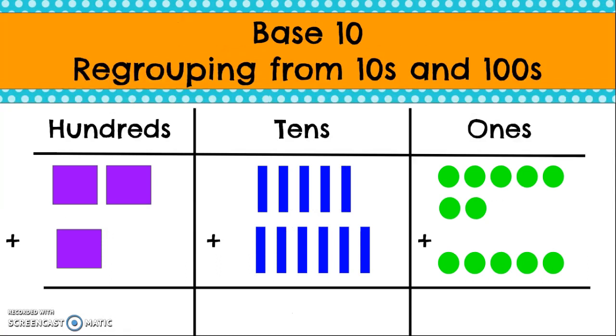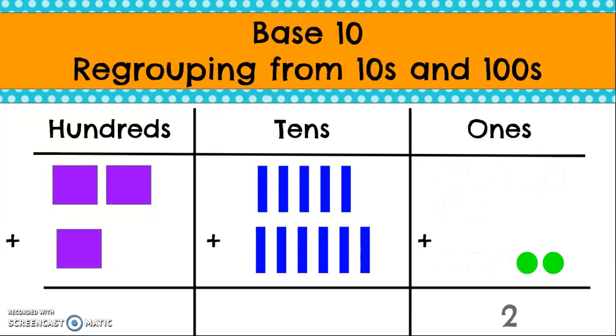Next, we're going to move on to our base 10 with regrouping your ones to your tens place and then your tens to your hundreds place. So again, we start in our ones place. You realize you have a 10 to give. So those 10 ones now go to your tens place. And then you add up your tens.